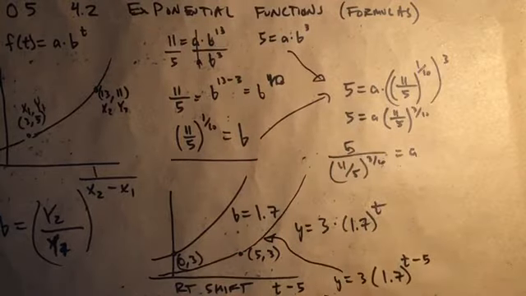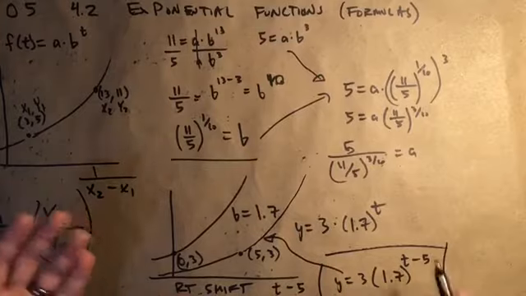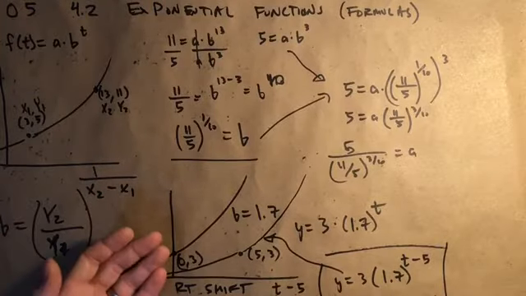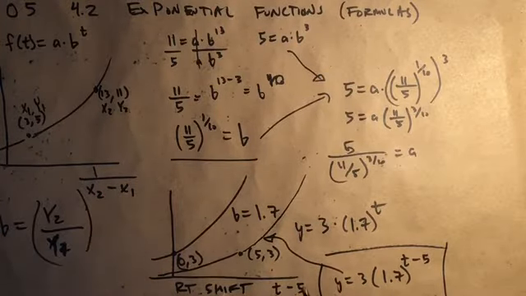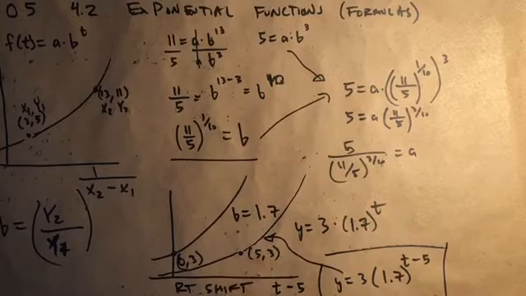And one of the reasons I love this relationship so much is that I'm rarely going to be given an initial value. And so given a point, if I put 5 into my equation, here we'll have 5 minus 5. I'll have 1.7 raised to the 0. Murder will occur, and we'll be left with 3.